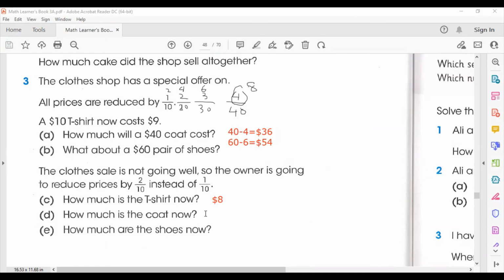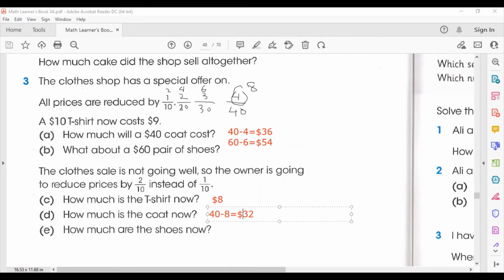How much does the coat cost? The price for the coat is 40. So 40 minus 4, now change into 8, so minus 8 equal to 32. Coat price now $32. And how much are the shoes now? Before it was 54.